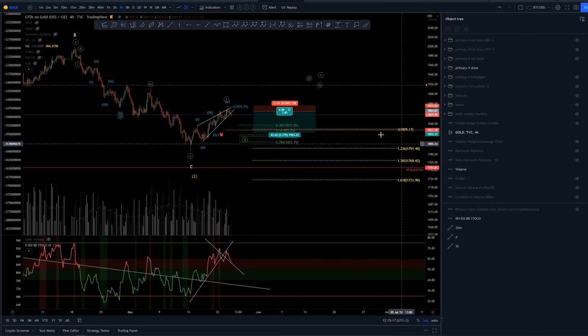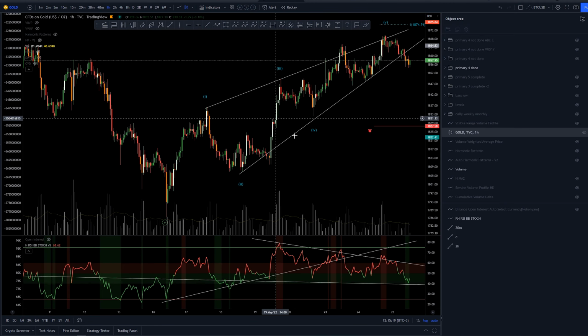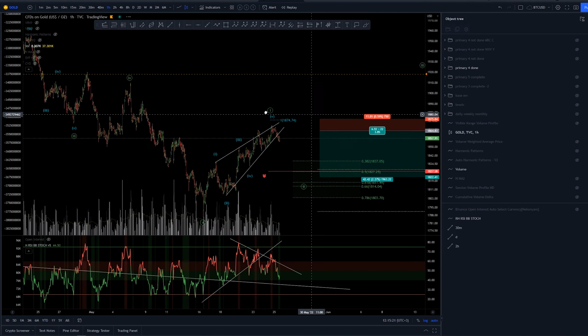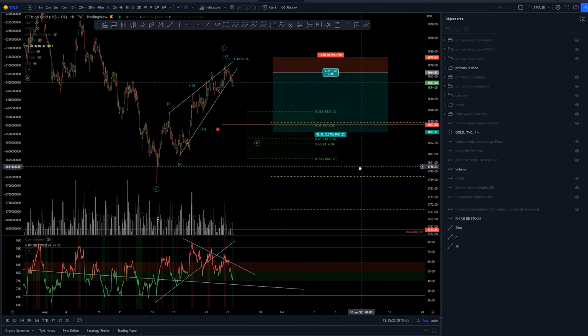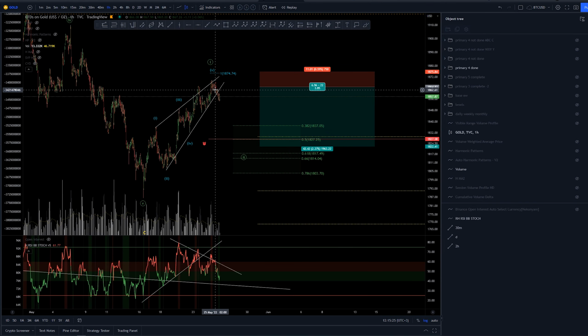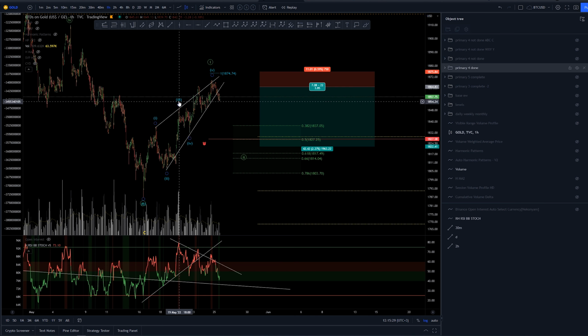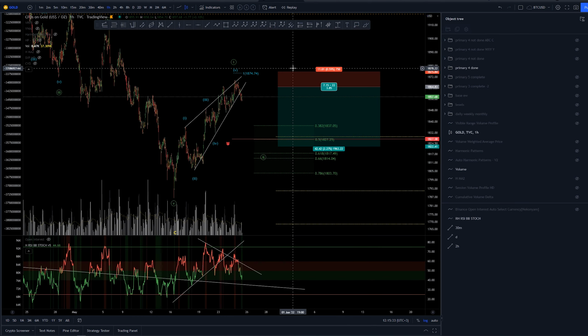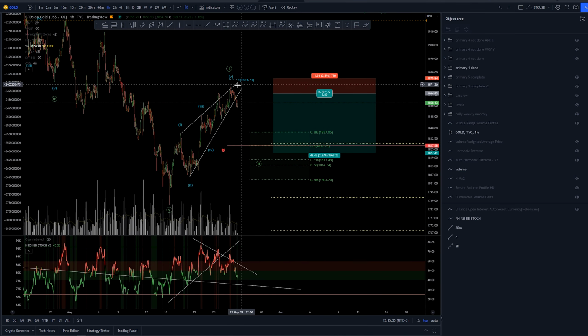Now on a lower time frame, we can just about make up this leading contracting diagonal. It is not super pretty, but it is legal if we are placing the 3rd and 4th like so. I have taken a short position from these highs.